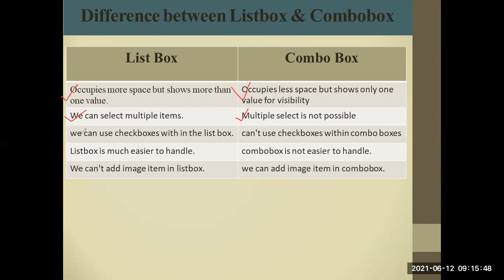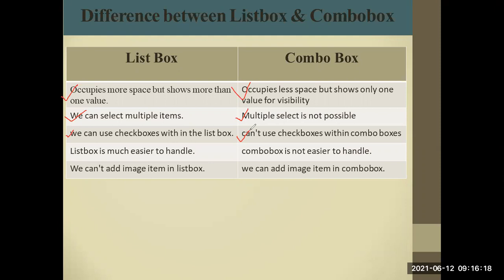The third difference between the list box and combo box is that a list box can use check boxes within it. So we can have a check box as an item in a list box, whereas in a combo box we cannot place the check box. This is one of the important features of the list box. We can insert or place the checkbox as an item inside the list.